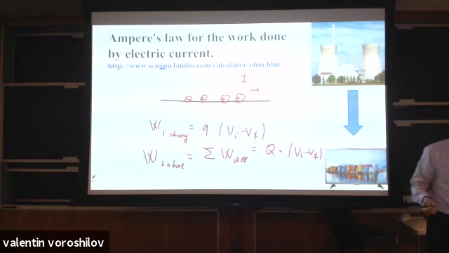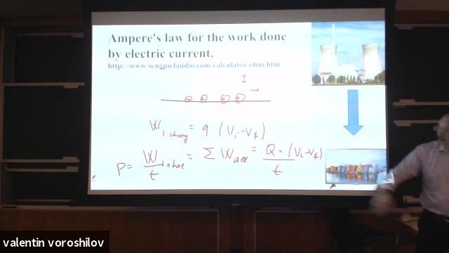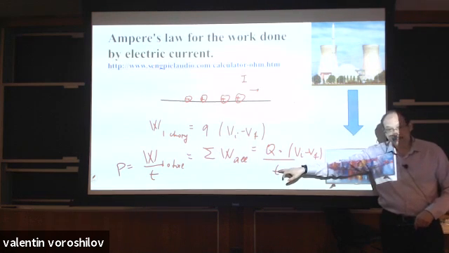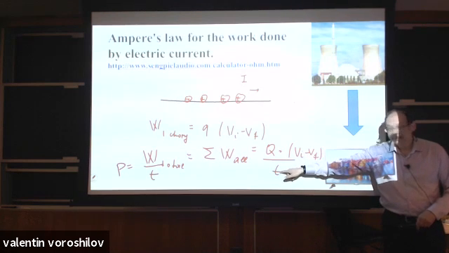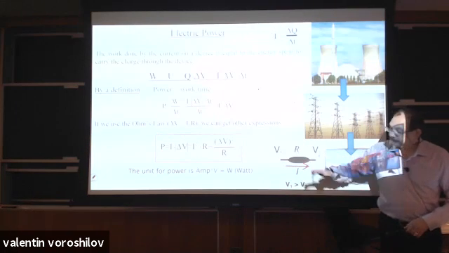That's work. And of course, if I want to calculate something simple like power, power is work done every second. So charge over time, what is the meaning of this? Yes, current. So this is how we can calculate work.